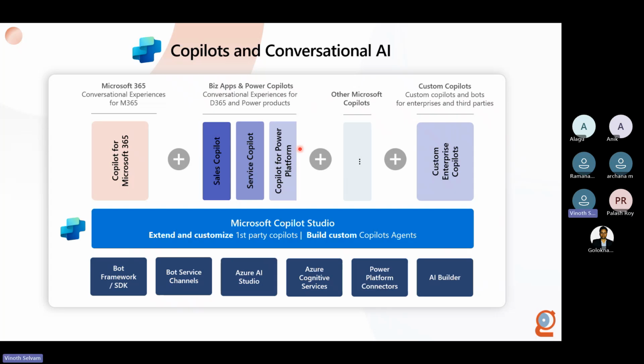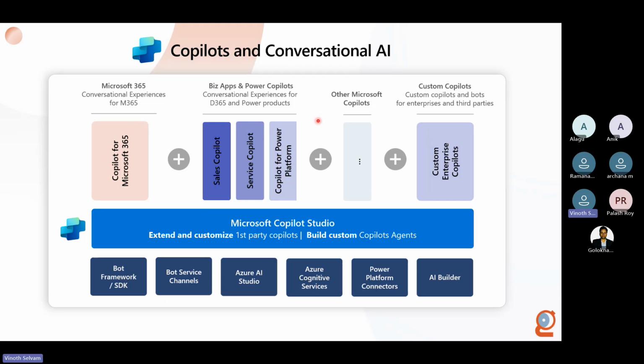As I told you, there are a variety of Copilots that Microsoft introduces in each and every product. The major one is Copilot for M365, which is already in place, and then Copilot in each and every application like Dynamics 365 Sales, Service, or inside the Power Platform, and other custom Copilots that we are going to build using Copilot Studio, which is independent of those applications.